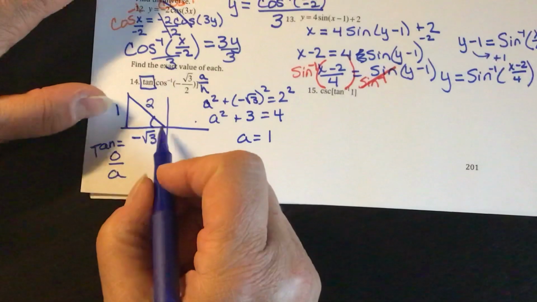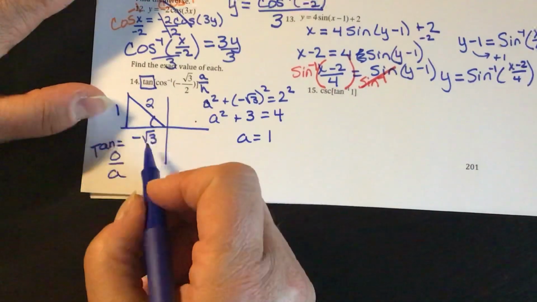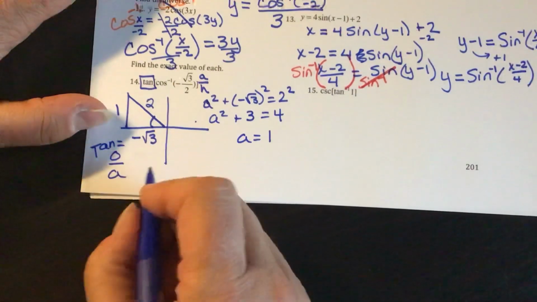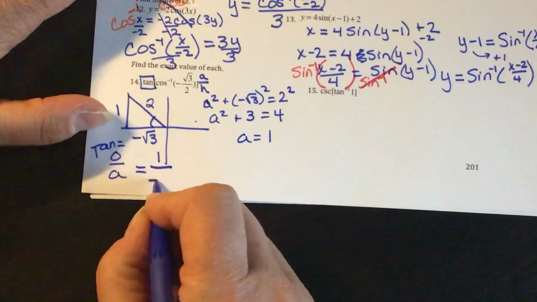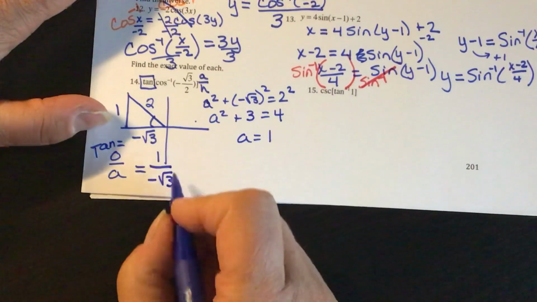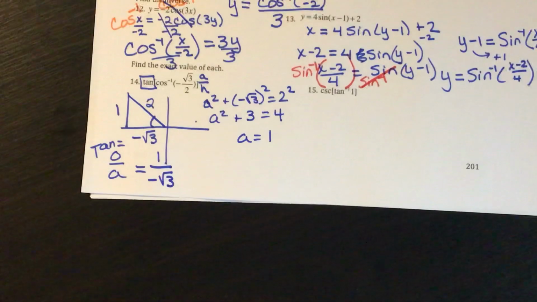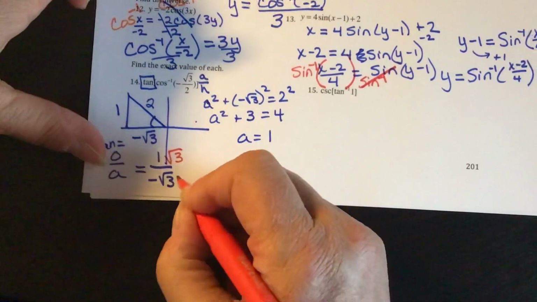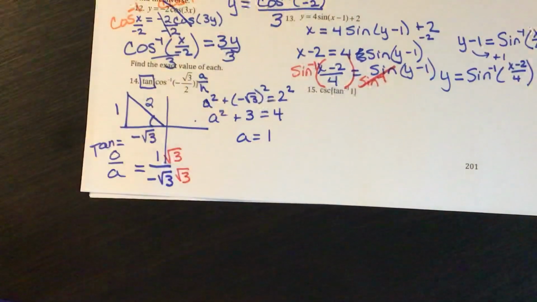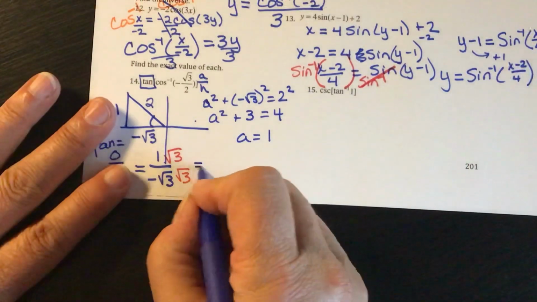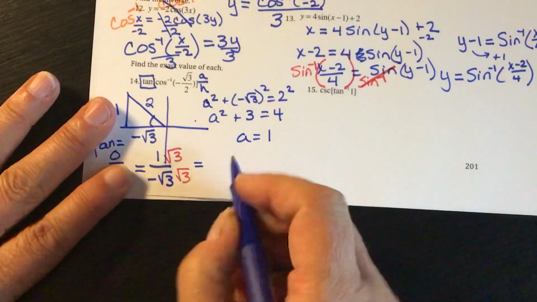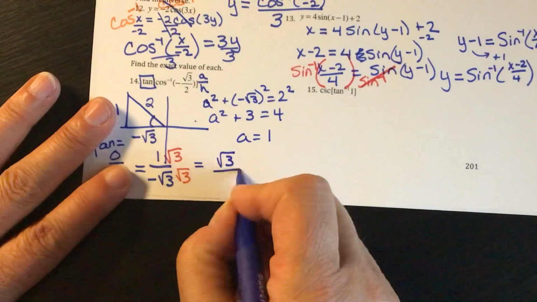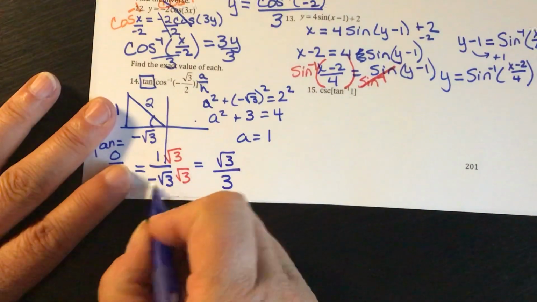So the side opposite is 1, and the side adjacent is negative square root of 3. And I do need to get the square root out of the denominator. So I'll multiply by the square root of 3 on top and bottom. And this will give me the square root of 3 over 3, and this is negative.